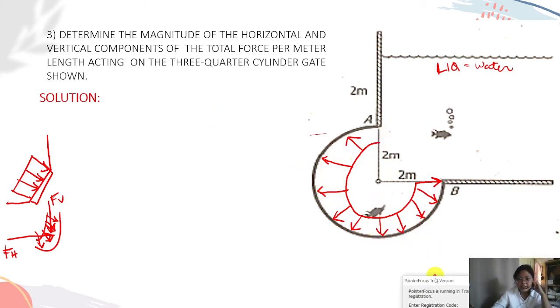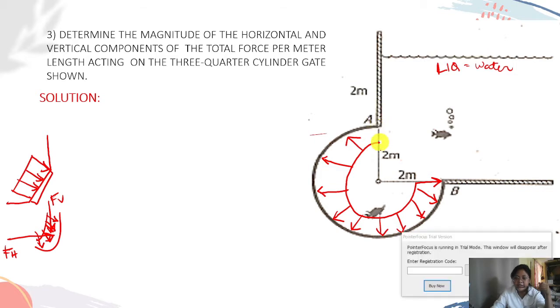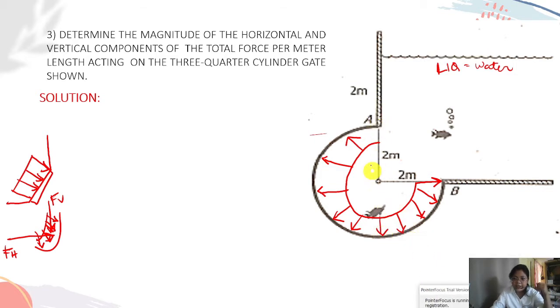Yun. Paano yan? Kung ganito ang direction. May napapansin kayo sa tendency nung kanyang pressure? 'Di ba? Ang pressure mo from A dito sa kalahati ng A is facing the left side of the 3/4 cylinder. While dito sa malapit sa B, ang pressure direction is towards B. Gets?